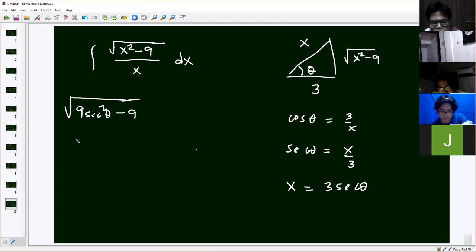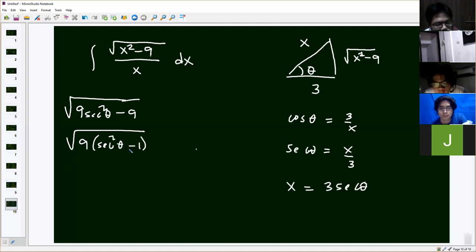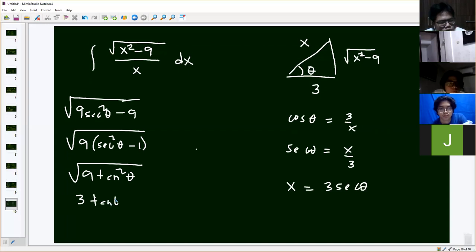And then, square root of 9, the quantity secant squared theta minus 1. And then from our trig identity, what is secant squared minus 1? Tangent squared theta. So 9 tan squared lang pala yung taas. That's the goal of the trig substitution: mawala yung square root using the trig identities. So magiging 3 tan theta na lang pala itong taas.